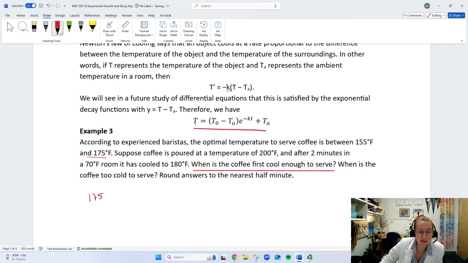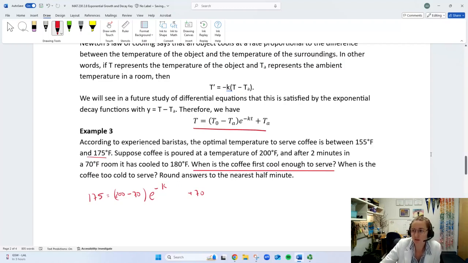That's like my tea temperature here. It's equal to, and now I have my initial temperature. Well, my coffee started out at 200 minus A, my ambient temperature of the room, which was 70. Also 70 out here. And then I have e to the negative k t, and t is when, we don't know.